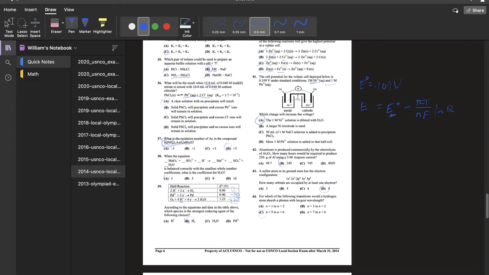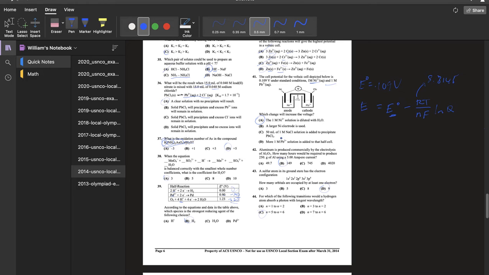Basically, this E talks about standard conditions, so we call that E naught. And then this is 8.3145. It's the energy R. It's not the gas R. And then T describes temperature in kelvins.